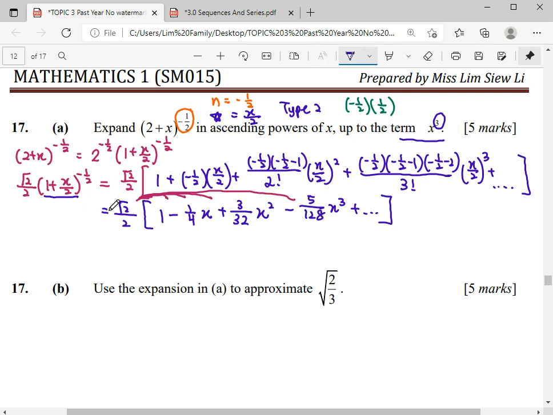Just press the calculator only. Square root 2 over 2 times 1, we get square root 2 over 2. Then square root 2 times this. Then square root 2 times this. I think nothing to simplify here, it maintains 3 square root 2 over 64.